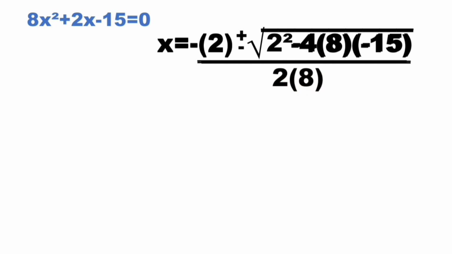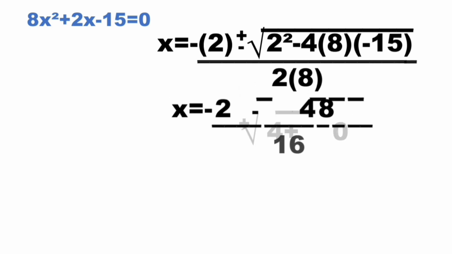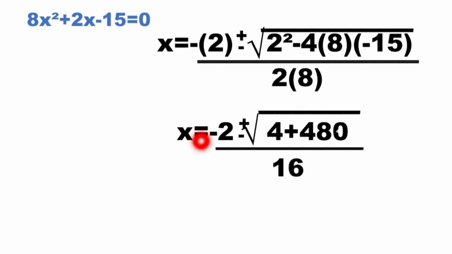So we have x equals negative 2 plus or minus the square root of 4 plus 480 over 16. This 480 comes from here, and since we have a negative and a negative, we have a plus. The square of 2 is 4, and 2 times 8 is 16.